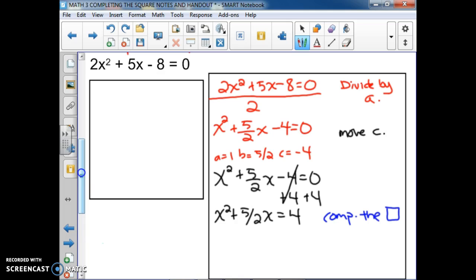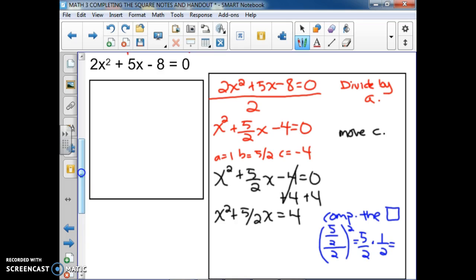I'm going to take b, which is 5 over 2, divide that by 2, and square it. If you divide fractions by doing keep, change, flip, you would keep 5 over 2, change division to multiplication, and change the 2 to 1 over 2, and then multiply across.